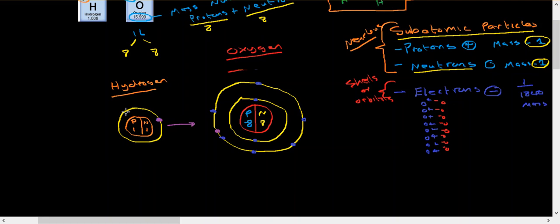And then imagine we just take the nucleus here. The orbitals are going to overlap, and the hydrogen will share the electron, like so.